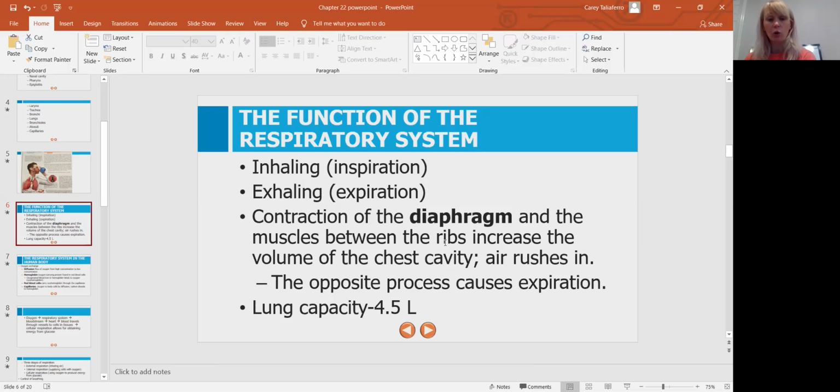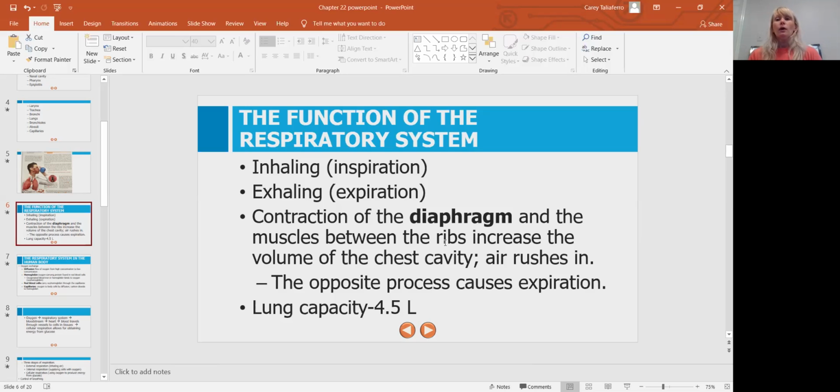Generally, an adult can hold about 4.5 liters of air in their lungs. That an average person's lung capacity is 4.5 liters. So in a given breath, you're generally breathing in about 1/2 liter, in and out, in and out.